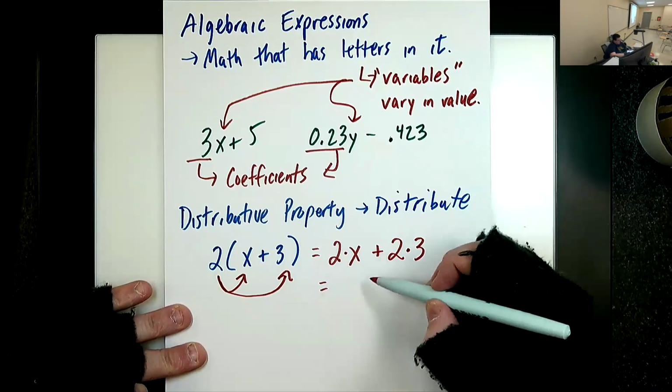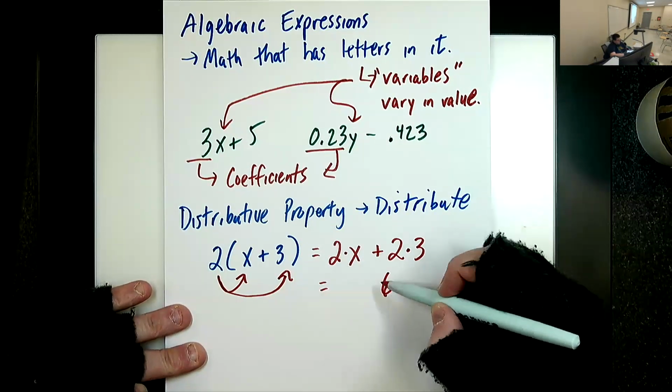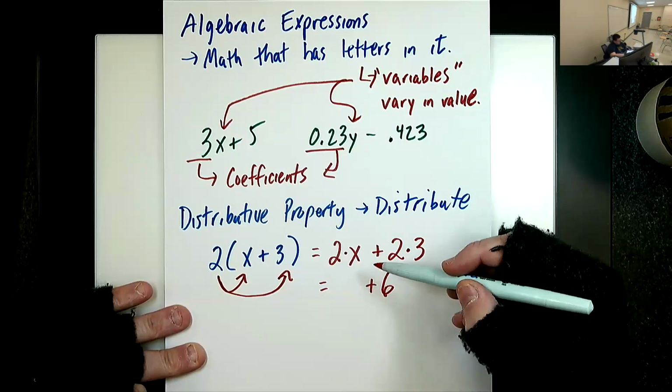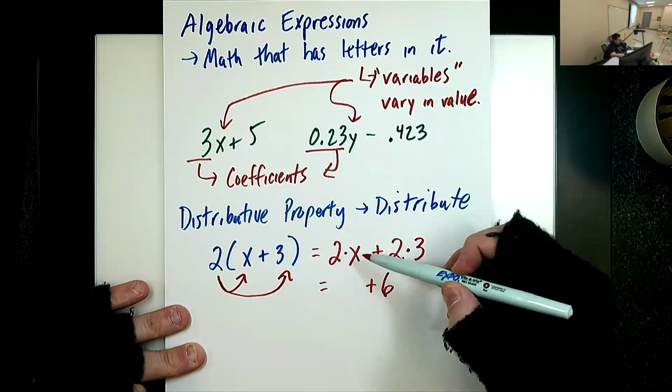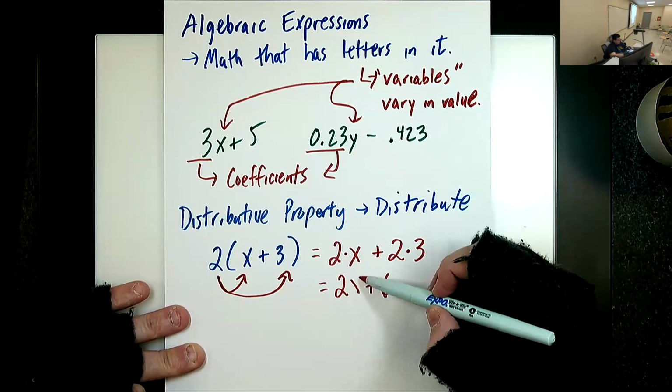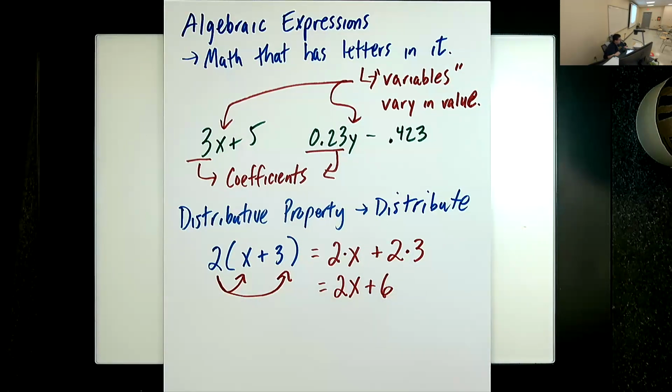And we don't leave it like that. We will do the 2 times 3 is 6. And rather than showing the dot between the 2 and the x, we don't put the dot. If there's a number in front of a variable, it's implied to be multiplication.